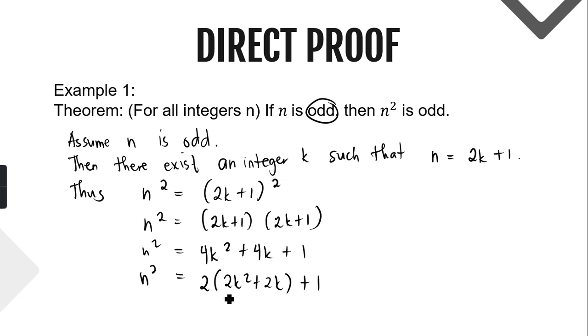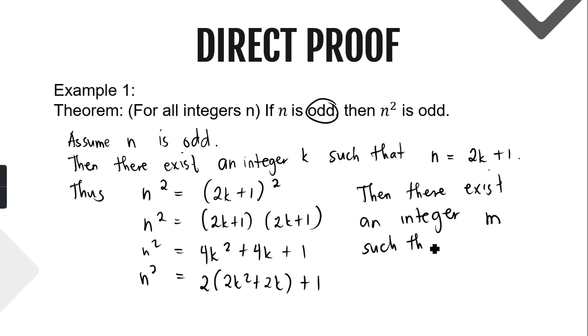Then, there exists, pwede tayong gumamit ng kahit anong letter, an integer, let's say for example, m, such that m is equal to 2k squared plus 2k.